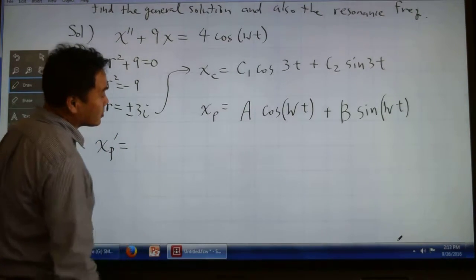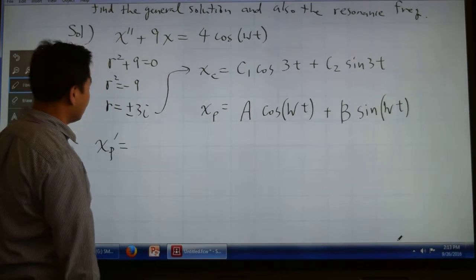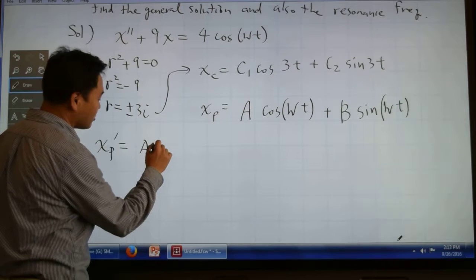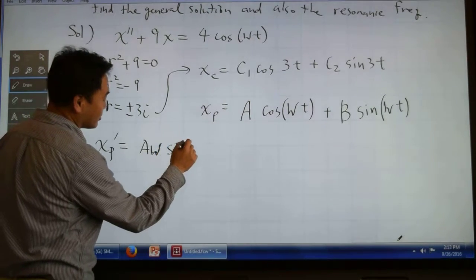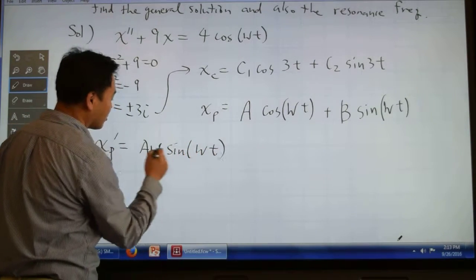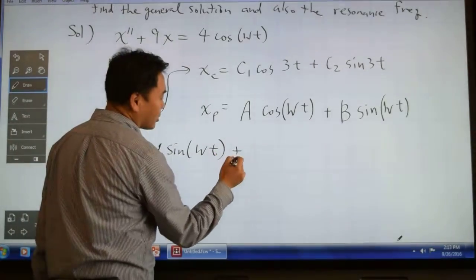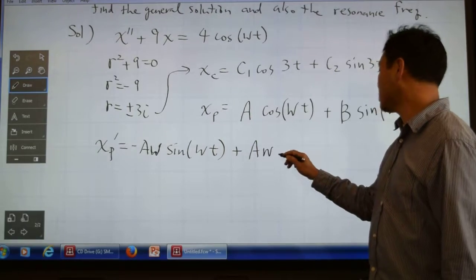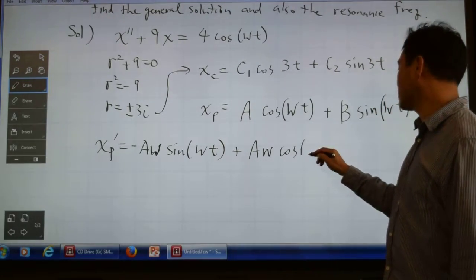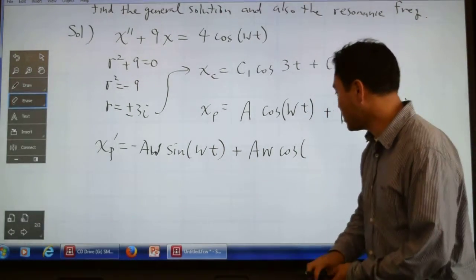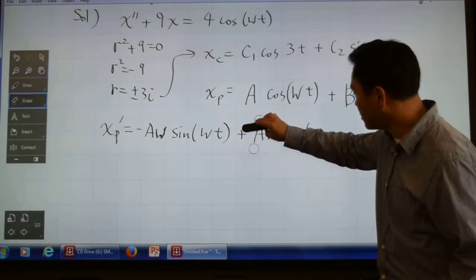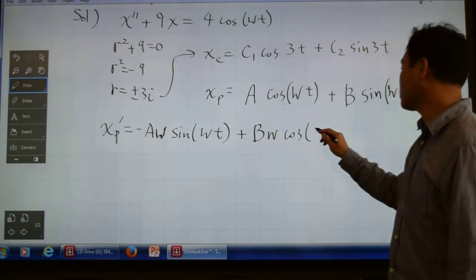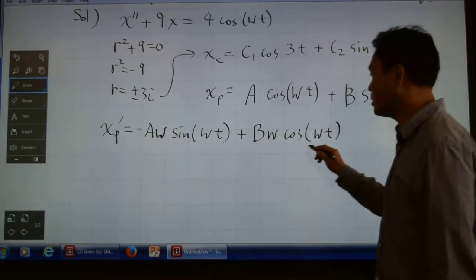You differentiate this. You get minus Aw sine wt, plus Bw cosine wt.